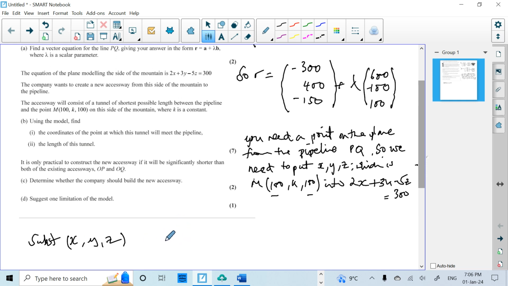That will give me 2 times 100 plus 3 times the value of k plus 5 times, or minus 5 times 100, which is equal to 300, because that's what we're using here, where y is equal to k.